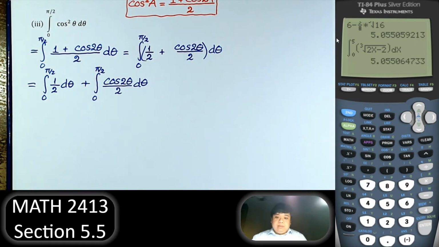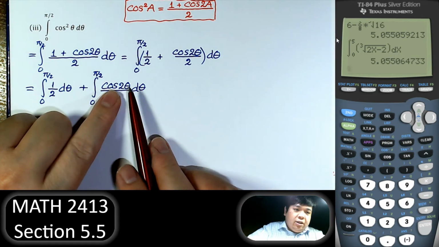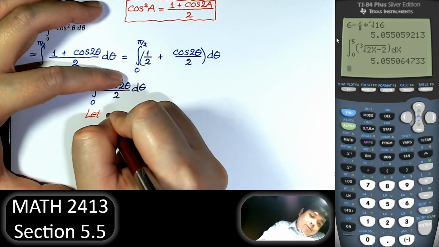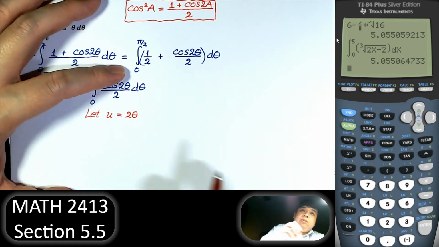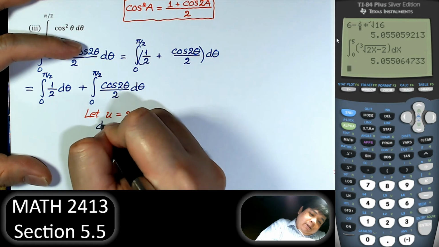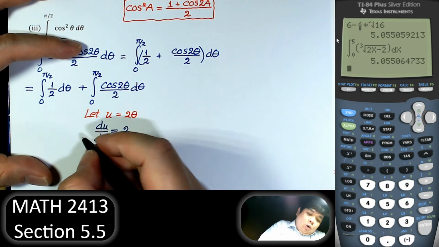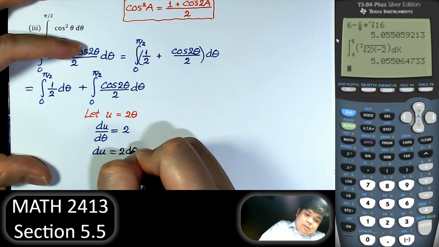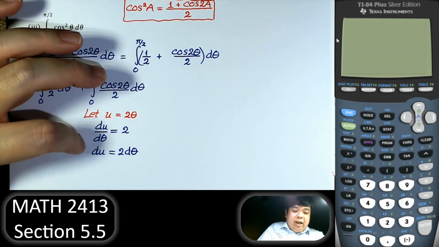Now the substitution. Substitute 2 theta. Let u equal to 2 theta. In that case, the derivative: move the d theta over, and then divide by 2.